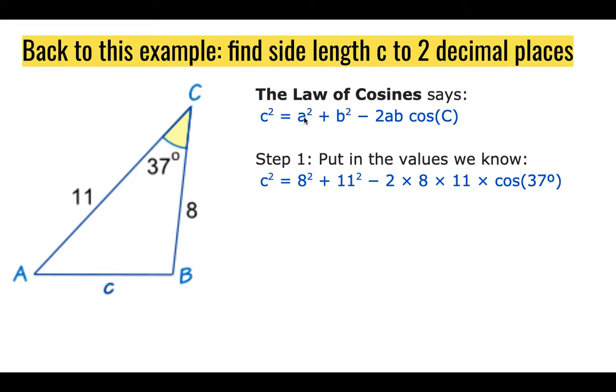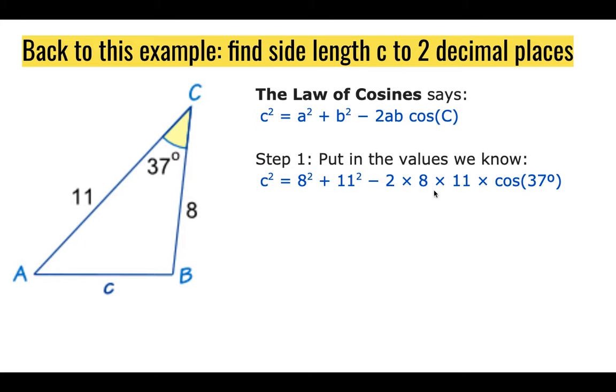Anytime we see an a, that's the side across from angle A, so we're going to put in 8. So we got an 8 here and an 8 over here. Anytime we see a b, we're going to put in 11 because that's the side across from angle B. So it's 11 here and 11 here. And C is our angle C that we have labeled.